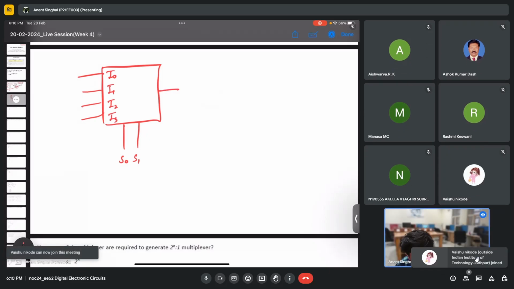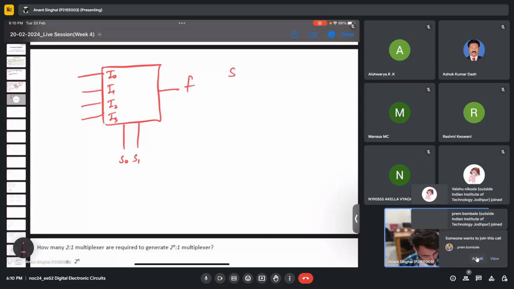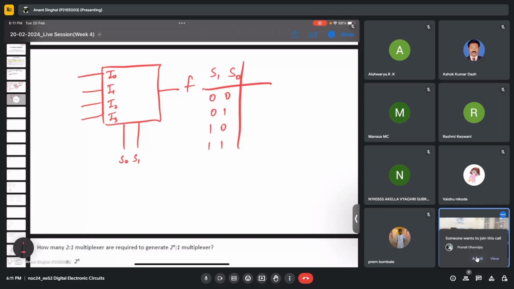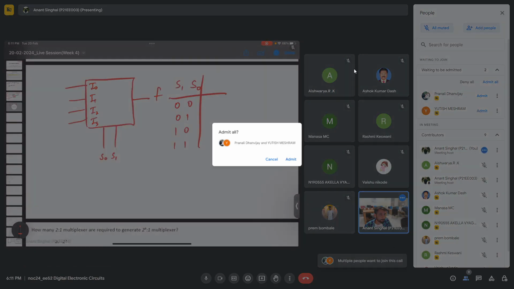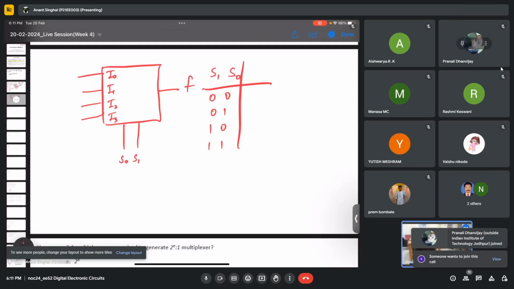And we have a single output, let's say that is F. So what happens basically in the mux is it uses these select lines. There can be four possible combinations.